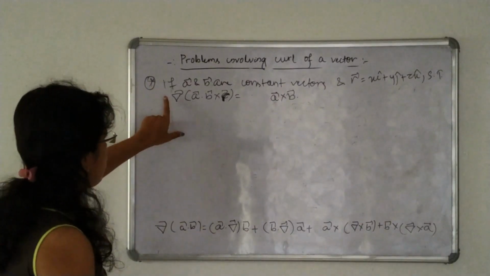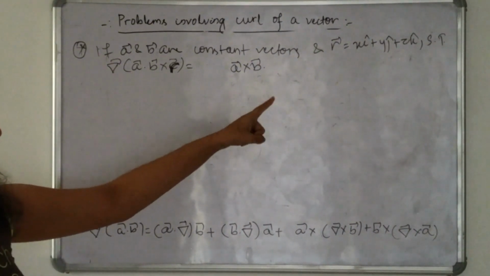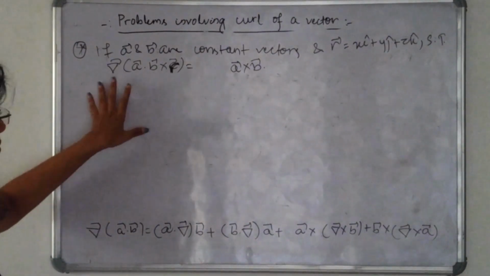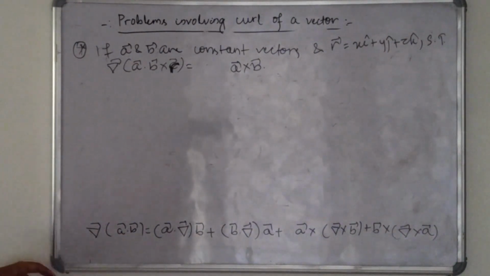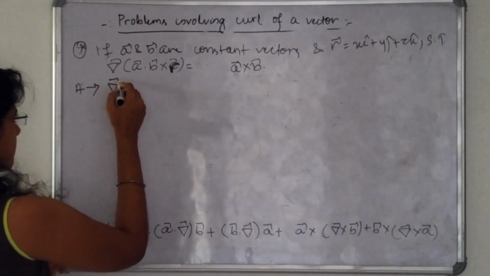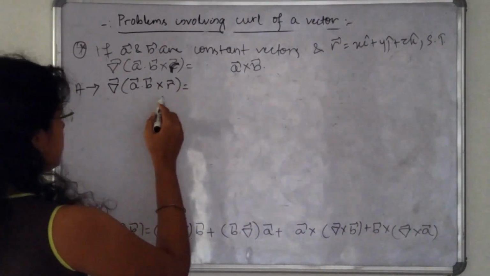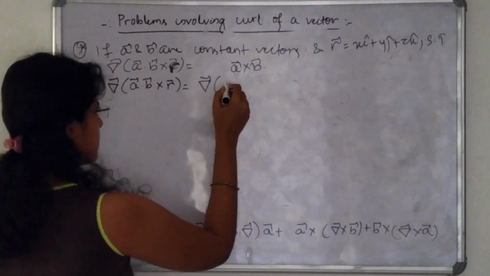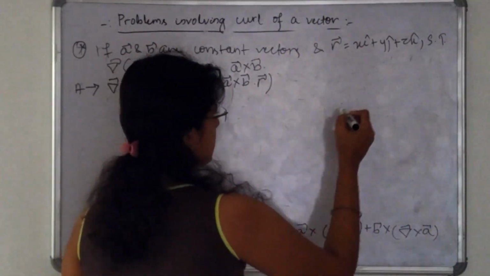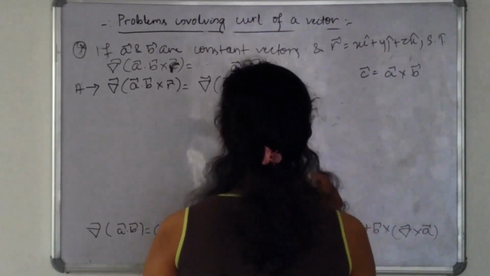Okay, so the next question is, if A vector and B vector are constant vectors and R vector is xi cap plus yj cap plus zk cap, meaning it is a position vector, prove this thing. It is also equal to, okay, let us take C vector equal to A vector cross B vector.